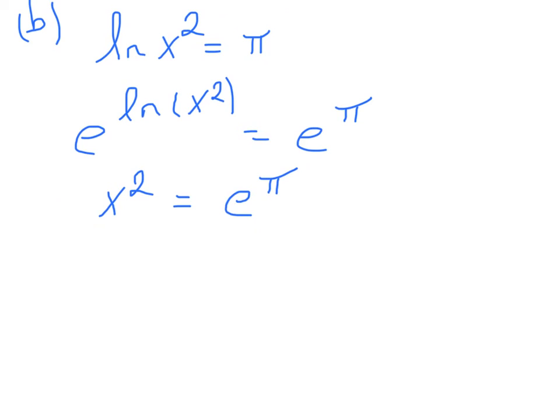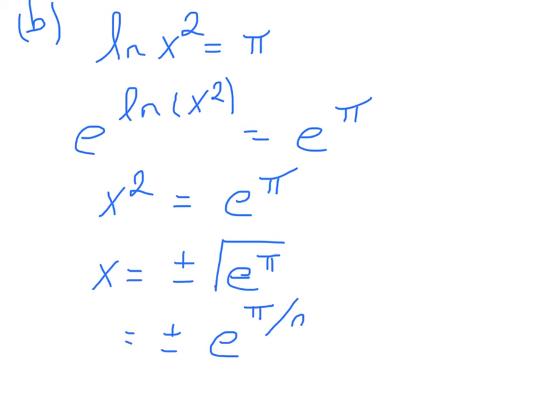So let's just write that down. x is equal to plus or minus the square root of e to the pi, which is to say plus or minus e to the pi to the power 1/2, which I can write as e to the pi over 2. Okay, that's all.